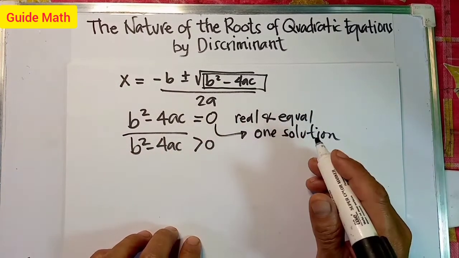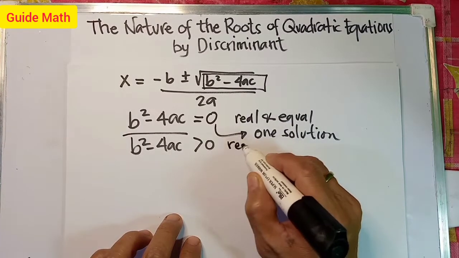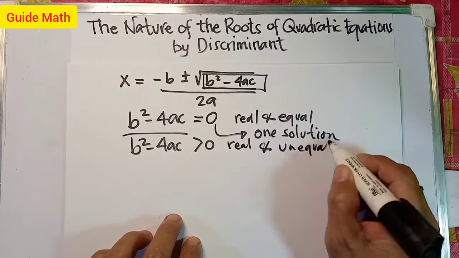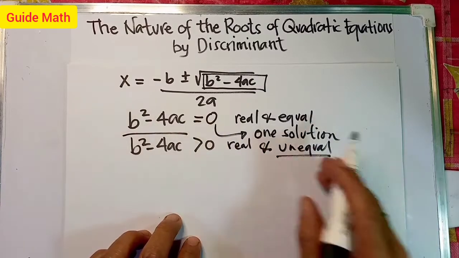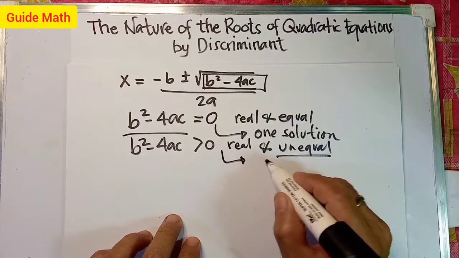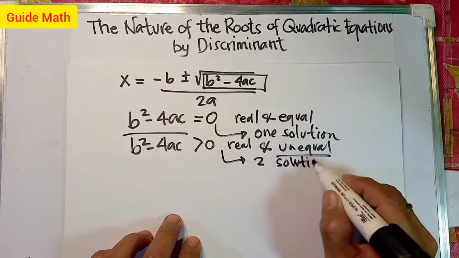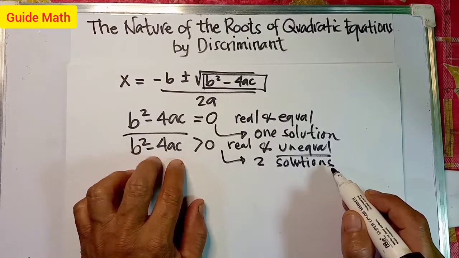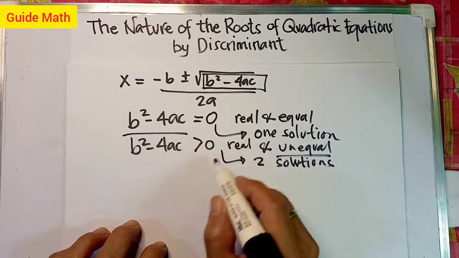Pwede natin sabihin that the roots are real and unequal. Pag sinabi mo unequal, hindi magkapareho yung magiging value natin ng x dito. So, pwede natin sabihin that it has two solutions, kasi ang result ng ating discriminant is greater than 0. E, paano kung lesser than 0?